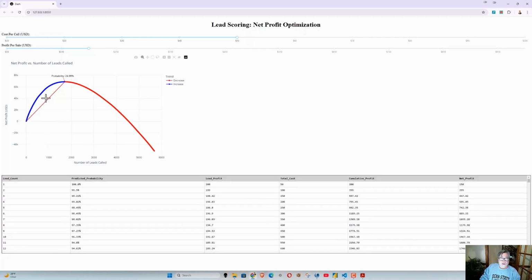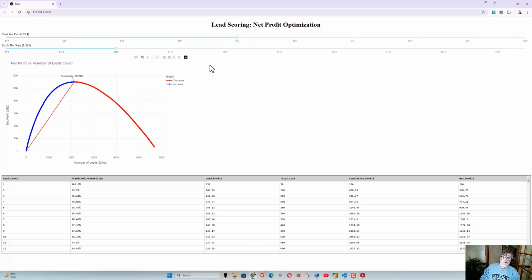This chart shows in blue where you're making money and then where you start to lose money, where your fixed costs exceed what you're taking in. If you've got a $50 cost per lead and your sale is $250, your cost per acquisition is $50, and $250 is what you get from that acquisition.